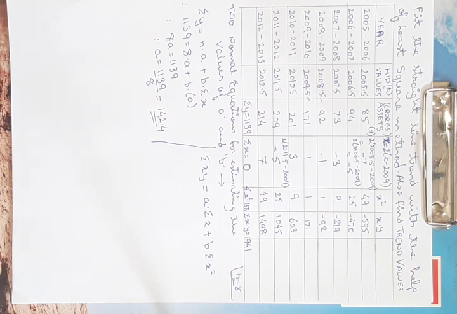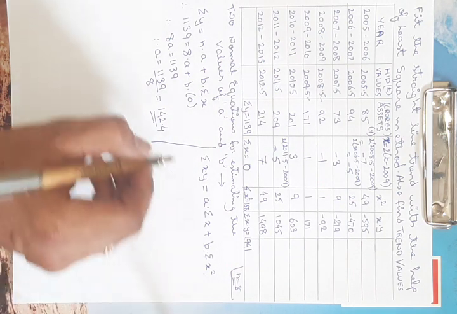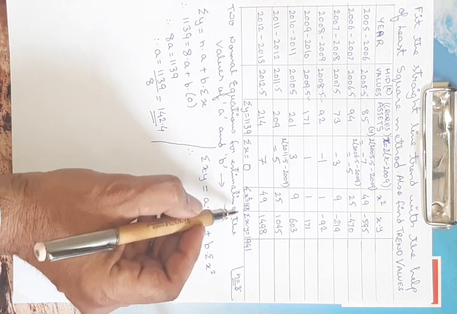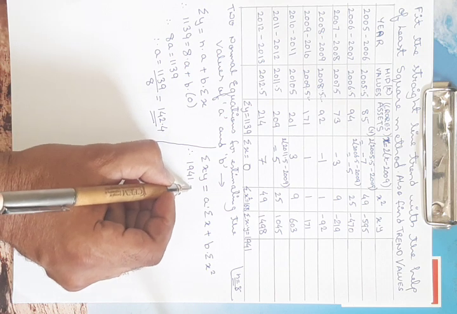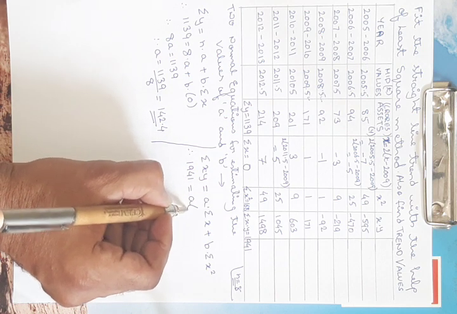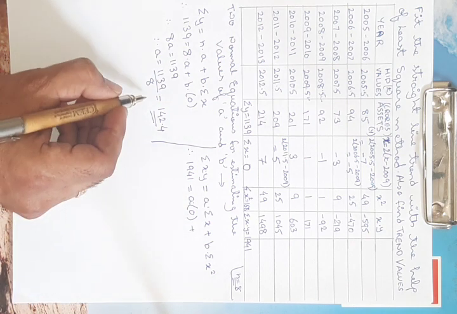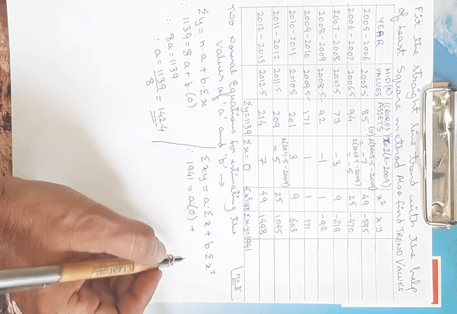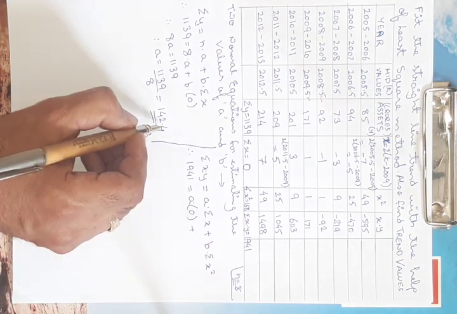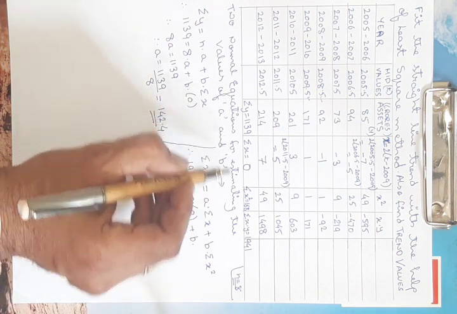Now similarly, we are going to calculate the value of b from the second equation. Here summation of x into y. So what is summation of x into y? This is 1941 is equal to a into bracket summation of x. Although we know the value of a, since summation of x is 0, so this all will become 0. So at this moment there is no need of writing the value of a, plus b into bracket summation of x square.